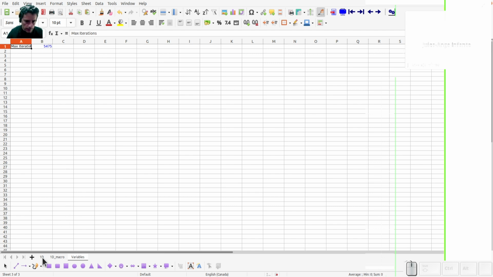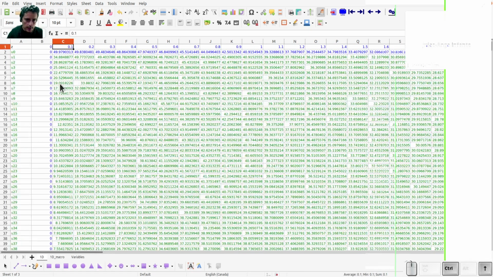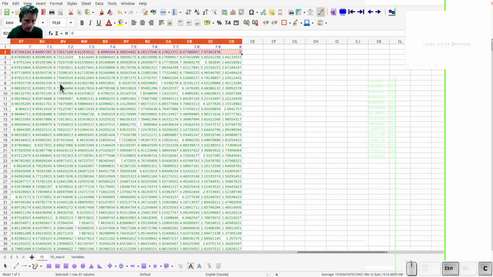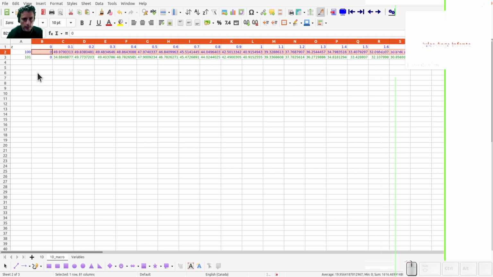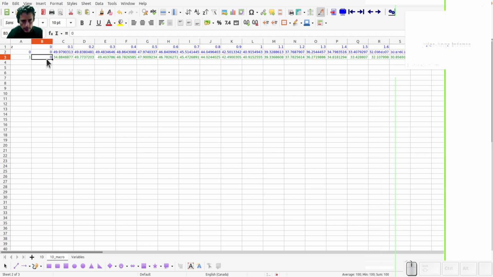Then if I were to reinitialize things, add 0, pasting special as values, call it 0, and now I were to run my macro from iterative programming, it should in theory go up to 5475 and get the same value.